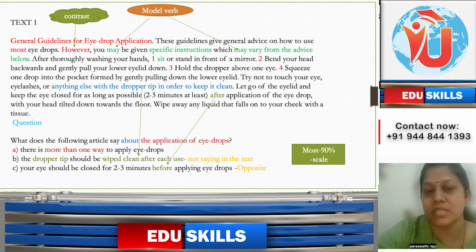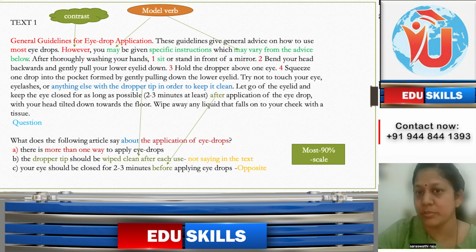So they are saying that further down they are giving many steps, but you may be given specific instructions which may vary from the advice below. So there will be a difference also. What we are going to study below may be different from that.